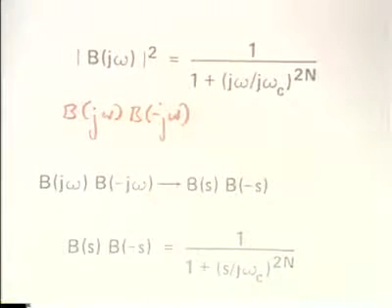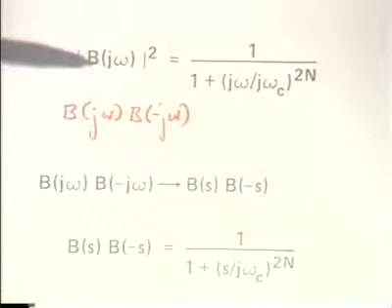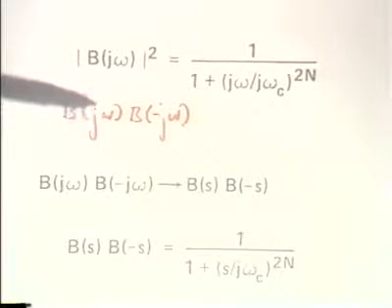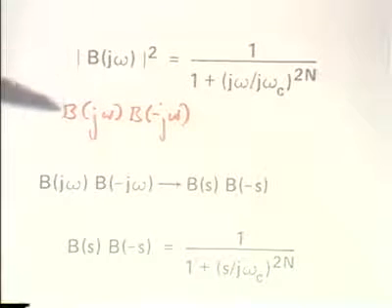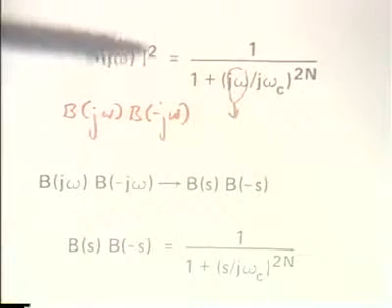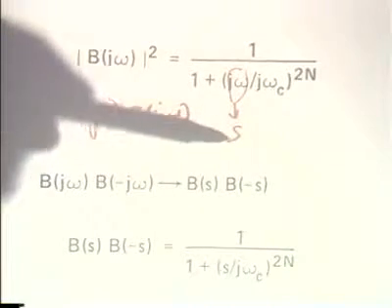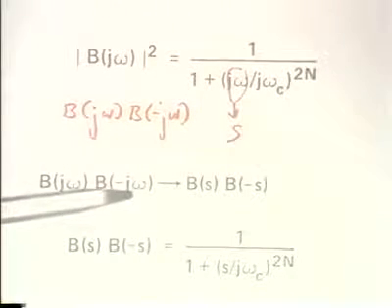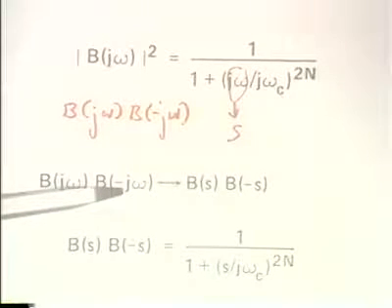That's what the magnitude squared will be equal to. To convert this to an expression describing the system function, in terms of the more general Laplace transform variable S, we recognize that j omega in the more general setting simply corresponds to the Laplace transform variable S. So this product, in fact, is the Laplace transform for S equal to j omega.